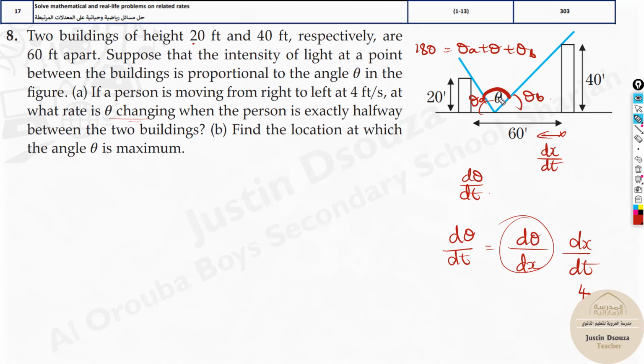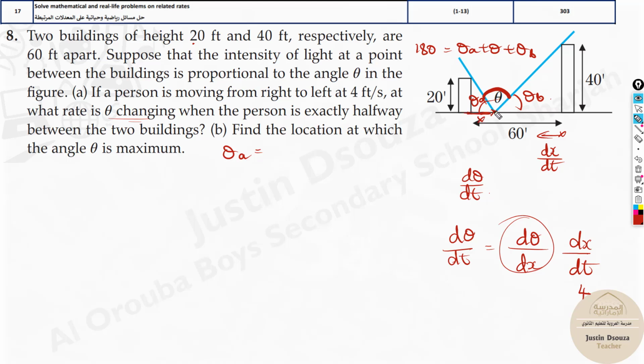But what are theta A and theta B? We need to find theta dash, yes. Theta A can be related by opposite over adjacent, that is tan theta. Why? Because this person is walking, isn't it? Now imagine this point is x.